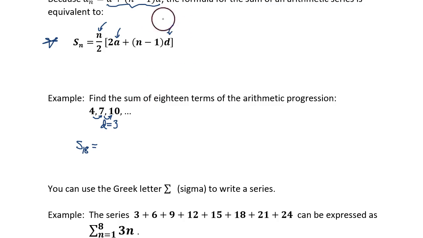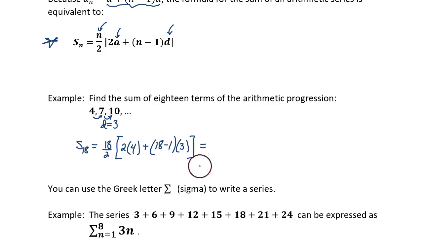We want to use the second formula, the one that's on the screen right now. So you replace n with 18. The letter a is the first term, which is 4. Again, the n is 18. And the number d is a 3 in our sequence.